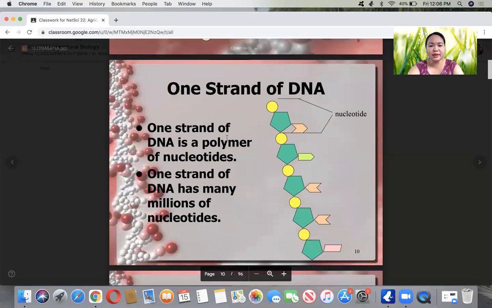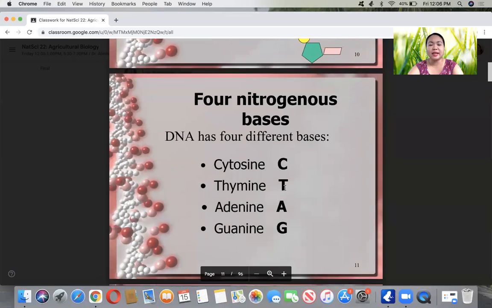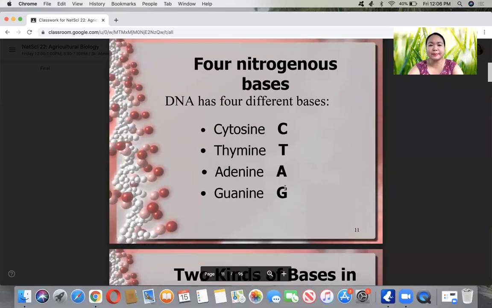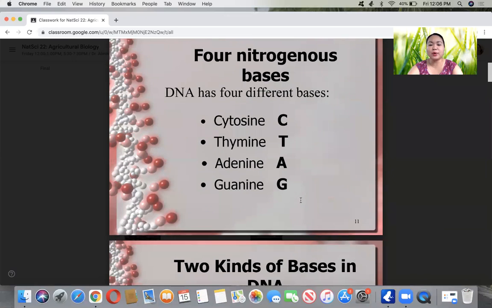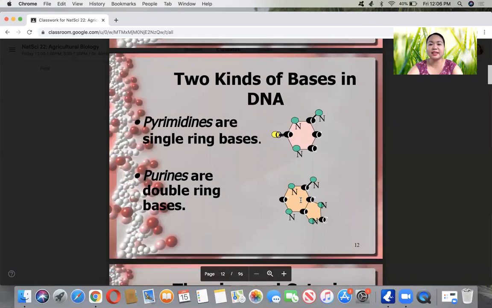One strand of DNA is a polymer of nucleotides, and one strand of DNA has millions of nucleotides. It has four nitrogenous bases: C for cytosine, T for thymine, A for adenine, and G for guanine. There are two kinds of bases: the pyrimidines, which are single ring bases, and the purines, which are double ring bases.